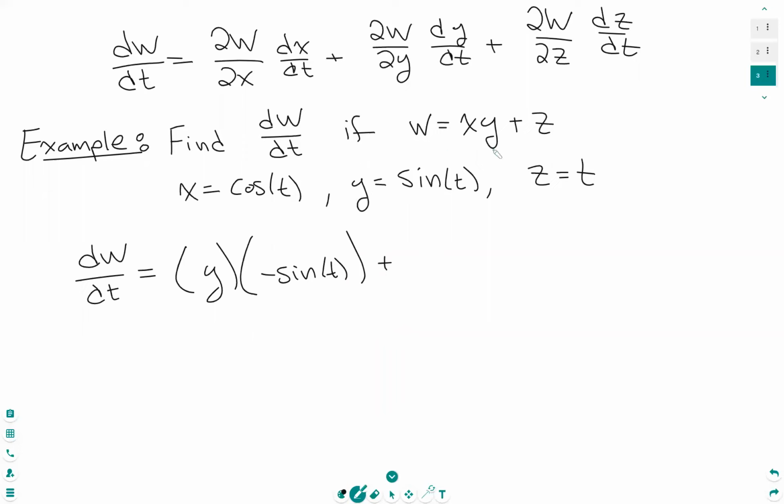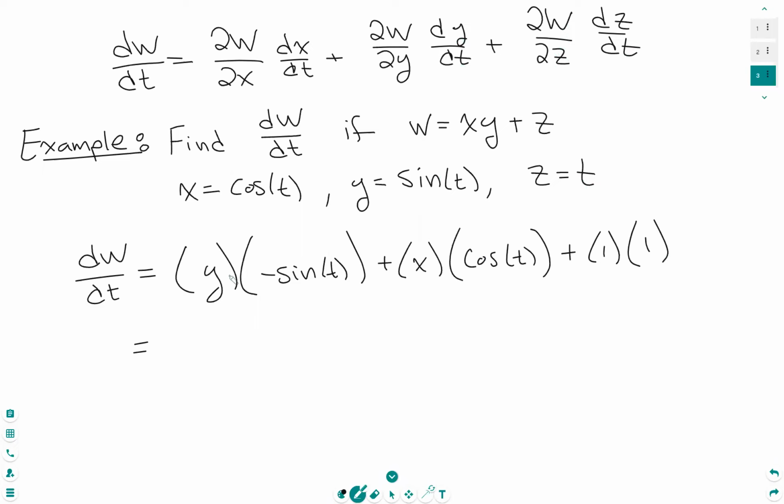So we look here for w, and we take our partial. This is just x. And then our dy/dt, which is just cosine of t. Next, we have partial w, partial z. This just gives us a 1. And then we need dz/dt, which is also 1.